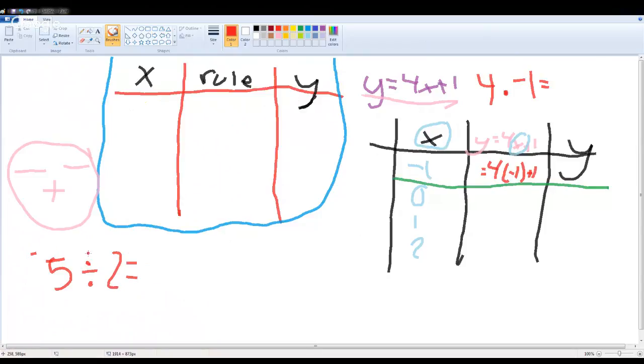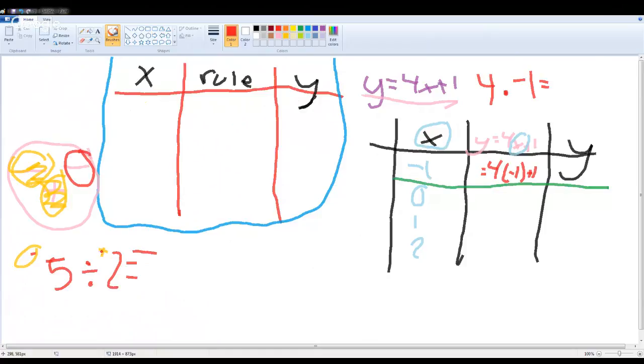Let's worry about the signs first. The sign on this side is negative. The sign on this side is positive. So circle negative on here and circle positive on here. Mark out all of them, and all you have left is a negative, that means your answer is coming in negative.